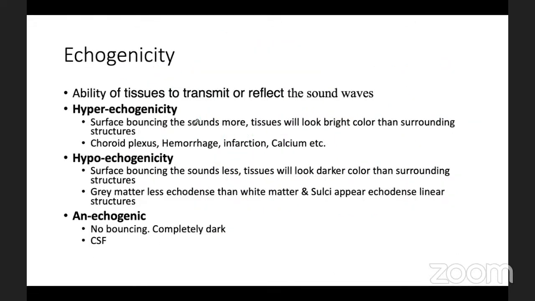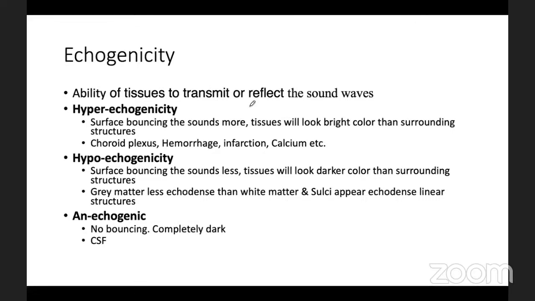There will be quite frequent use of echogenicity in my presentation, so just to make this concept clear: echogenicity is the ability of tissues to transmit or reflect sound waves. It can be divided into three types. Hyperechogenicity is when the surface bounces the sound more and the tissue on the ultrasound looks brighter compared to the surrounding, for example choroid plexus, hemorrhage, infarction, and calcium.